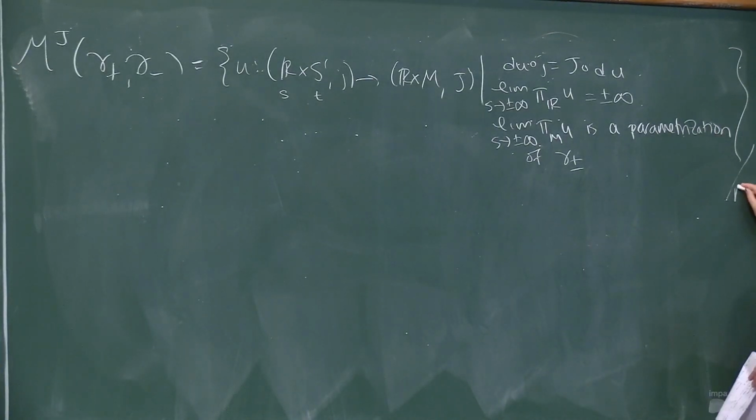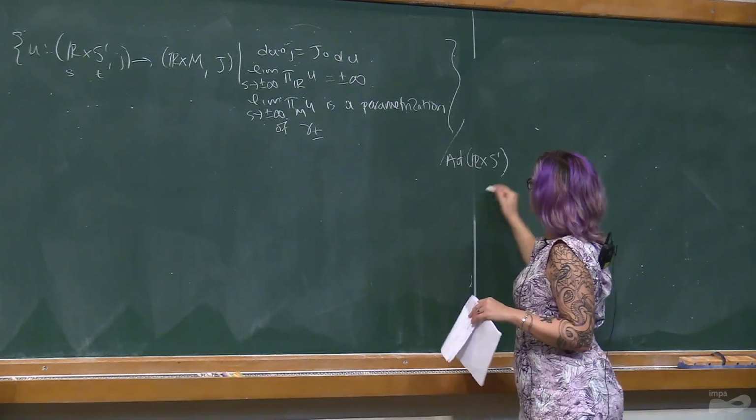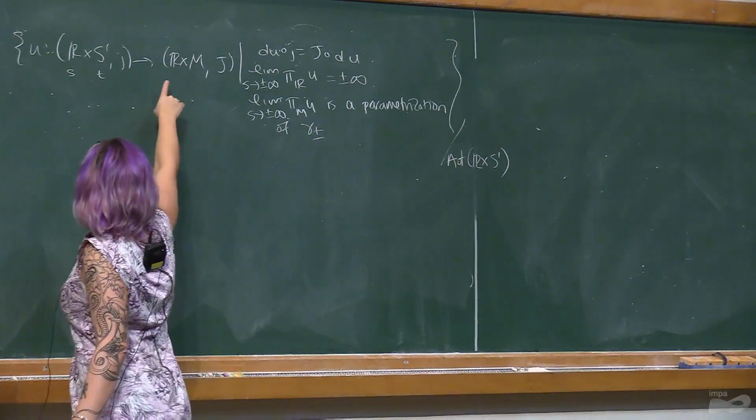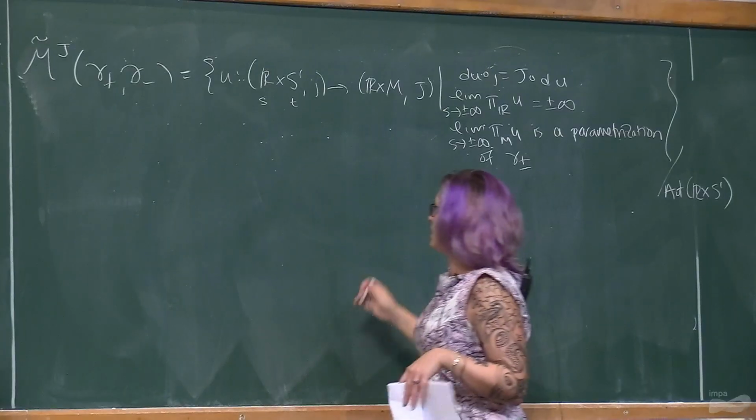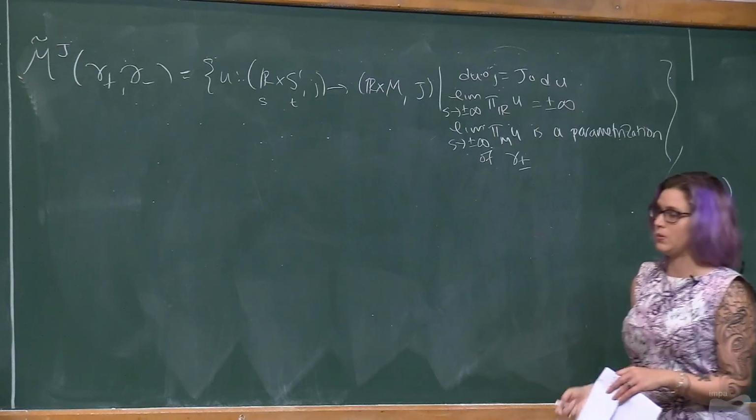And then I'm going to mod out by the automorphism group of the domain, which is R cross S1. And I have another R action on the symplectization. So I'm going to write this as M twiddle because I haven't modded out by this R action on the symplectization.